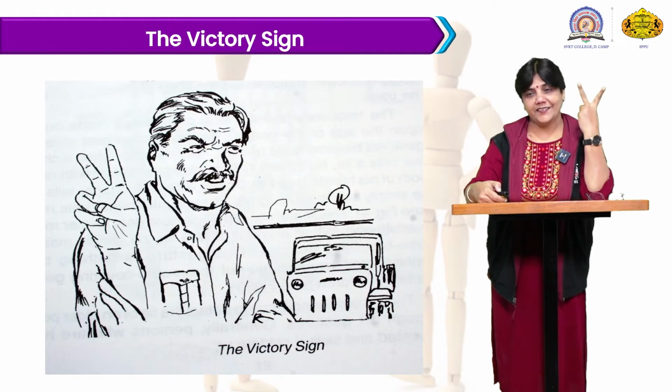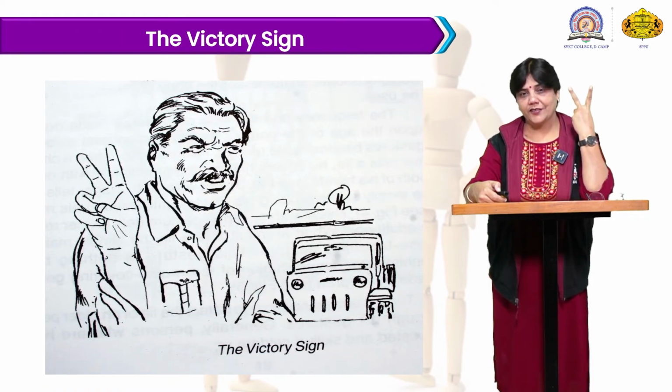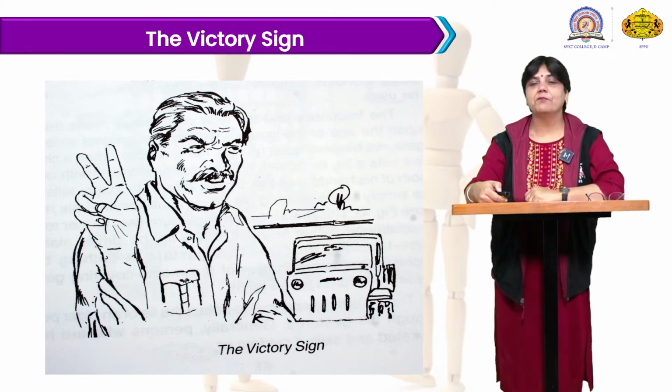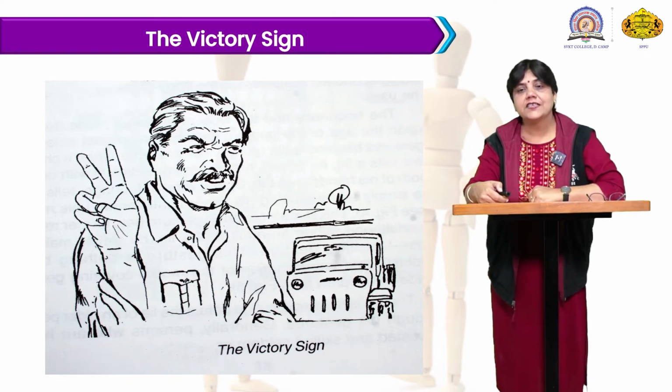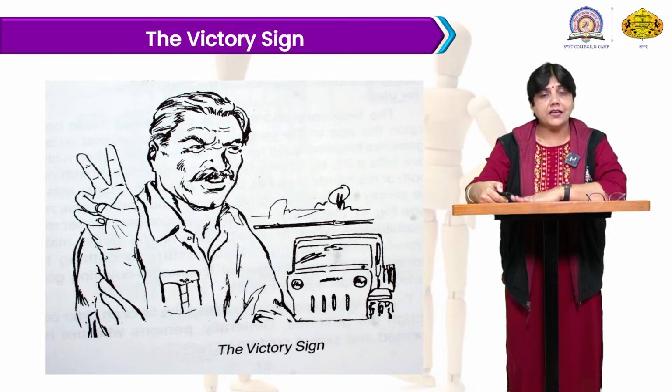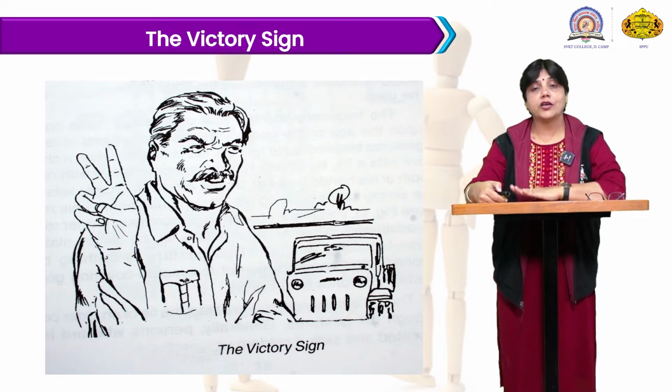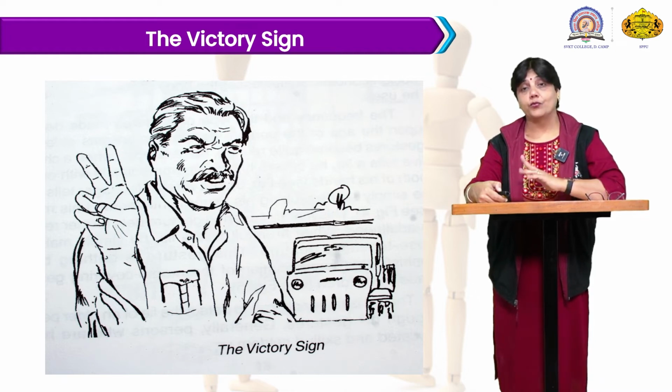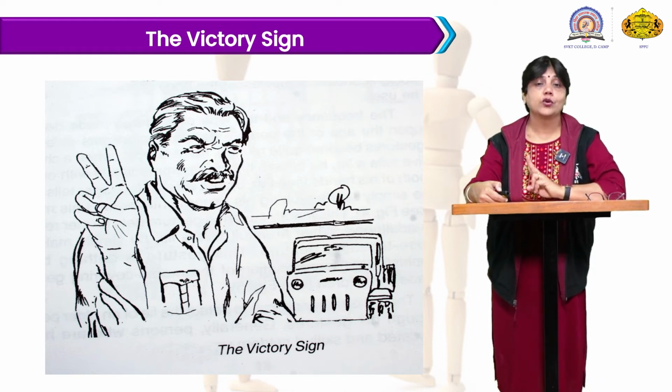See, two fingers shown and the sign becomes the victory sign. These are the things which give you a proper, clear message through your body language that we are winning or we are going to win.